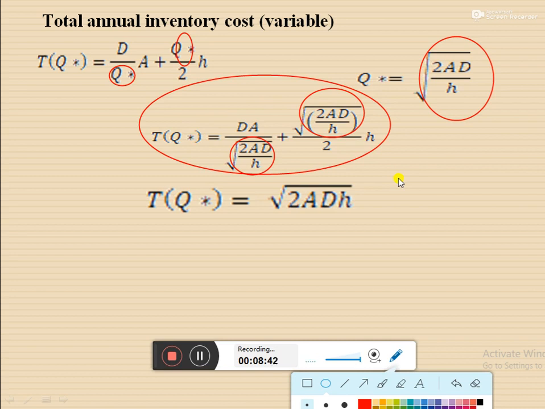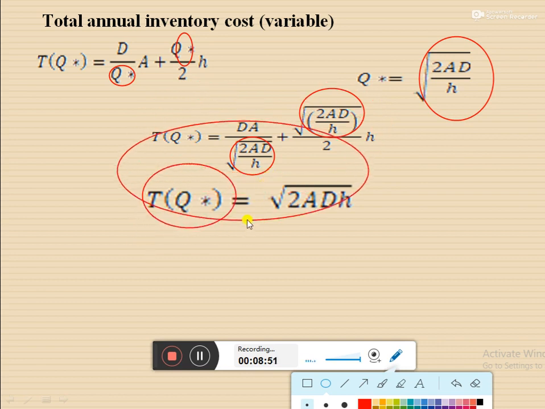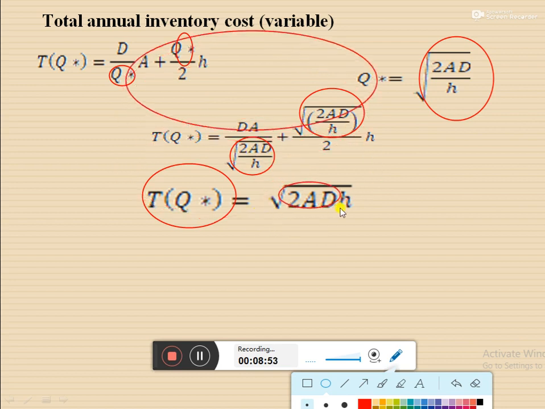And after simplification of this formula, we would get that total annual inventory cost can be calculated by using this expression, that is simpler than the previous one. So total annual inventory cost can be calculated by using the expression square root of 2ADH.